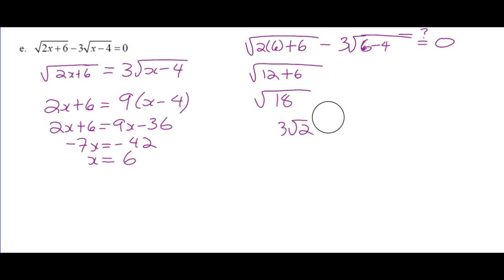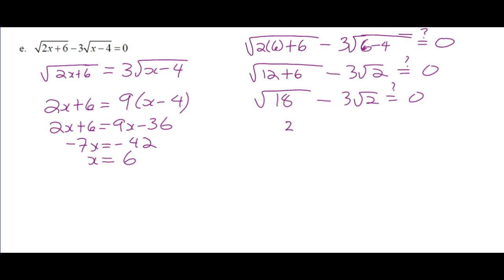That's a minus. Oh, my God. Minus 3 root 2 equals 0. 3 root 2 minus 3 root 2. 0 is 0.